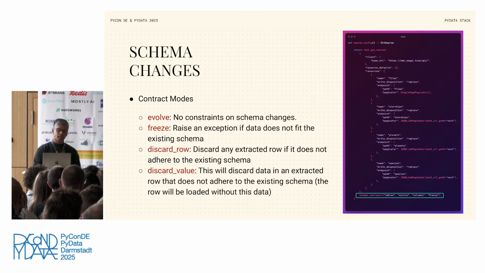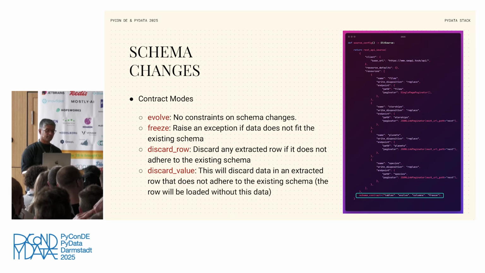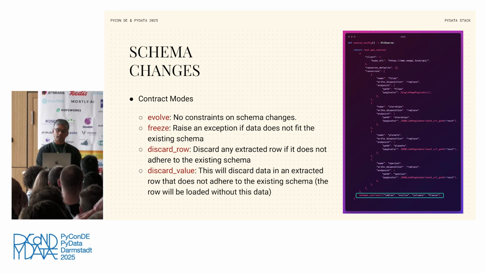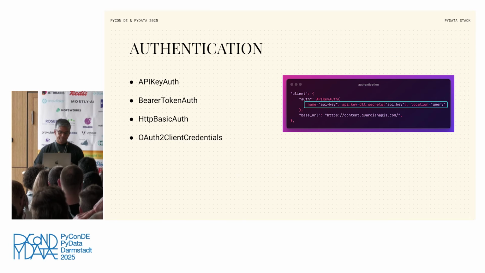Either the whole row is discarded or just a particular value in the column that is different to what's in the data warehouse. All of this basically means you can control how changes are handled in your code. And for sure, it's going to break something. This allows you to control what breaks and how you deal with the new schema.